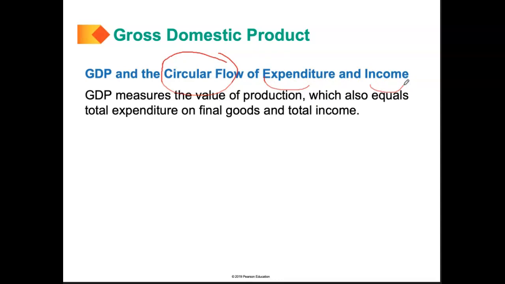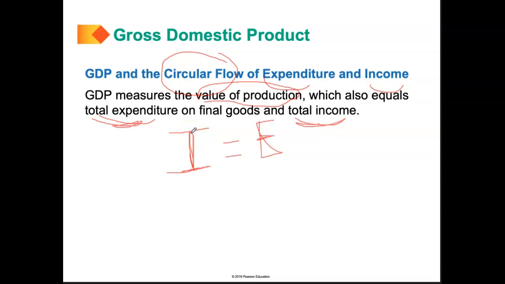Okay, right. So GDP measures the value of production, which also equals total expenditure and also equals total income. Why total expenditure and total income? Basically, what you earn, which is your income, equals what you spend. So that's why we have the link of total expenditure and total income.